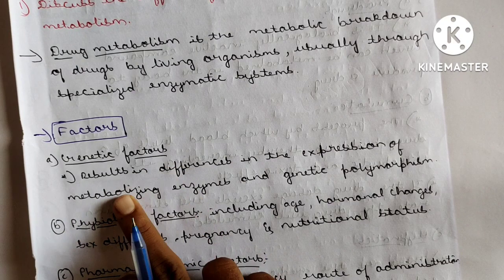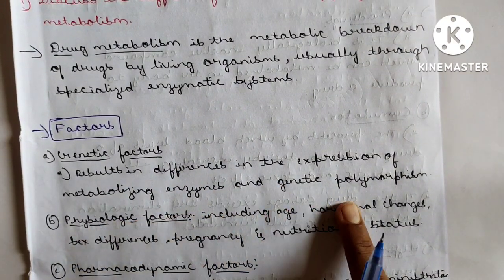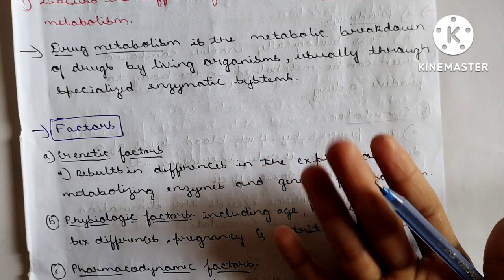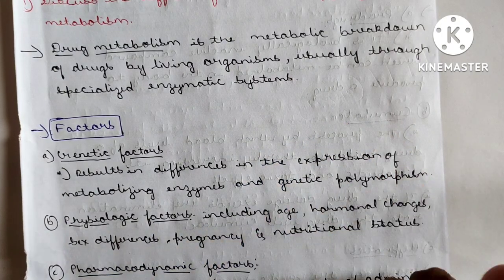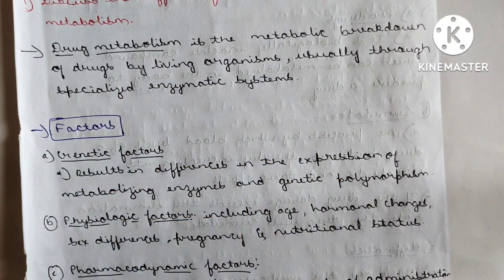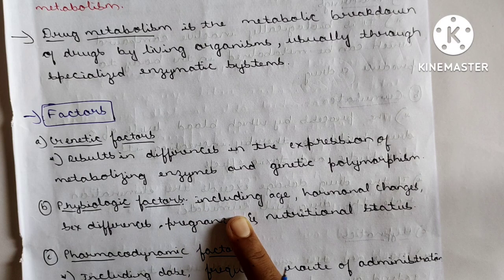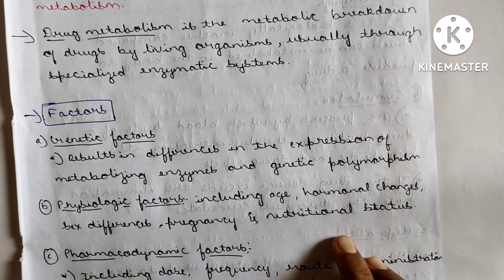See, genetic factors result in differences in the expression of metabolizing enzymes and genetic polymorphism. Okay, means difference in gene expression, some of the metabolizing enzymes are present, then genetic polymorphism, these will affect the drug metabolism. Then physiologic factors, here including age, hormonal changes, sex difference, pregnancy and nutritional states.